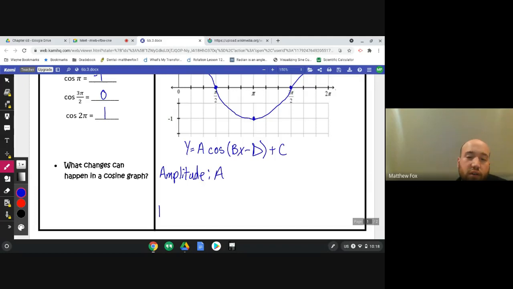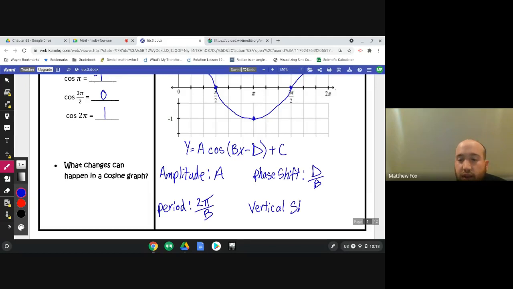Your period is always 2 pi divided by b, with b being right in front of the x. Now your phase shift, so we'll determine if it moves left or right, and this is always d divided by b. Finally, your vertical shift, how much up or down it goes, and that is just going to be c.